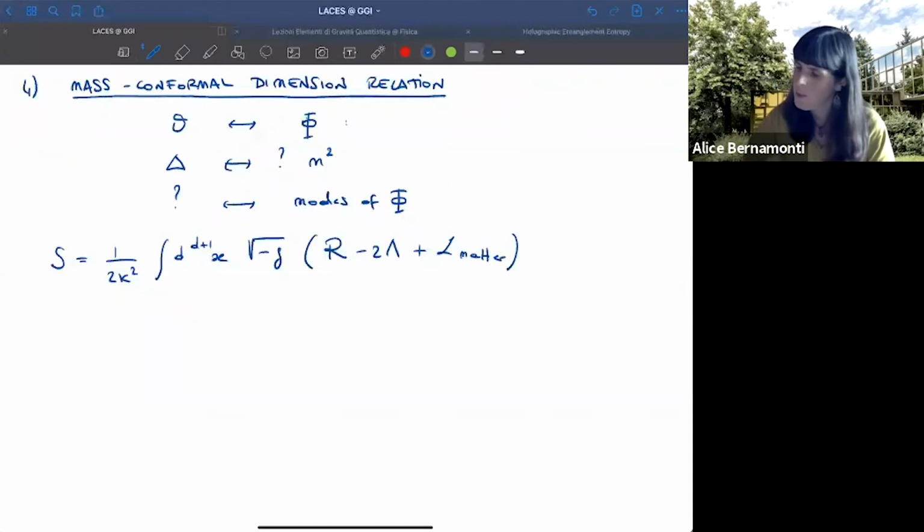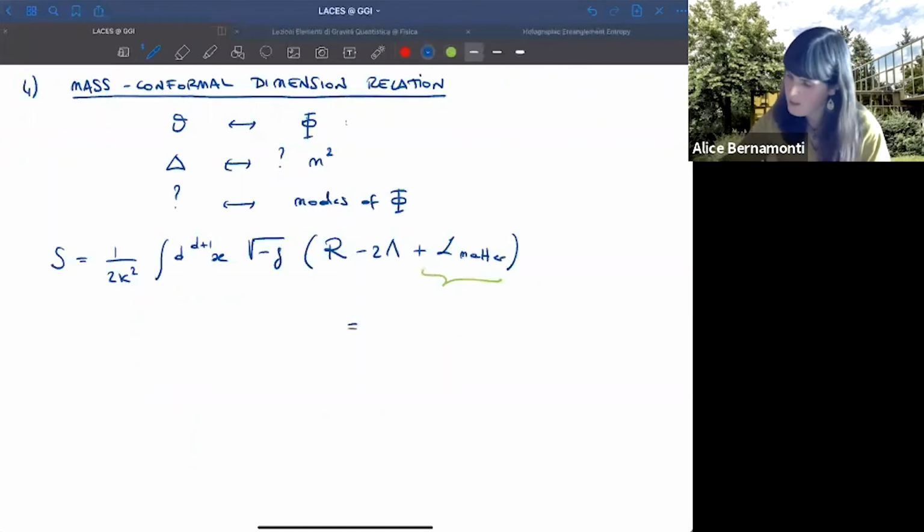And so typically this Lagrangian will contain terms of the following type. Let's say that we have a scalar phi, which is the example we are doing here.